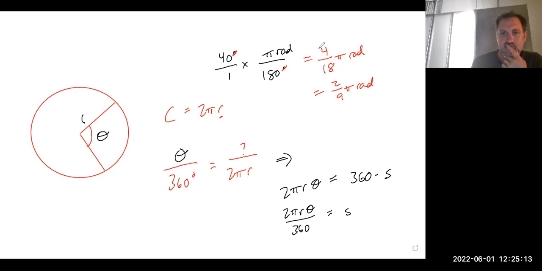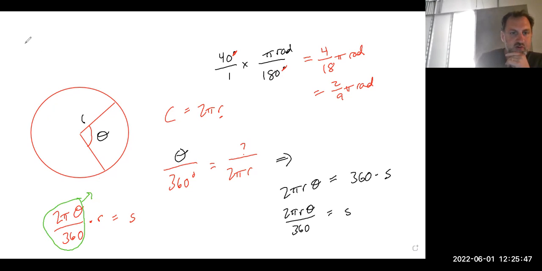Now, the key here is that if we move these variables around a little bit, 2 pi theta over 360 times r equals S. This 2 pi theta over 360 is actually just the angle measure in radians.